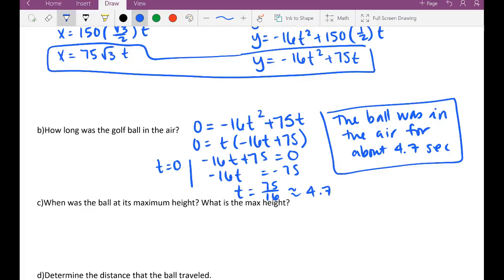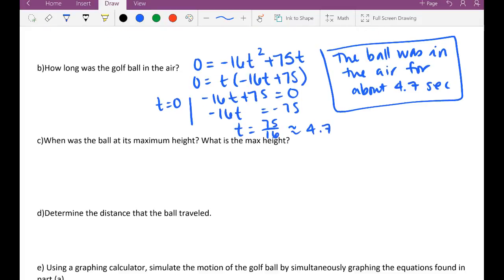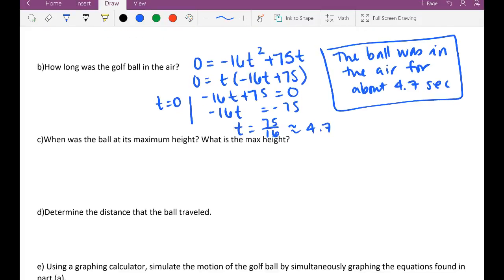Now we are going to complete C. When was the ball at its maximum height? Okay, so when indicates time. So if you know this is going to be a parabola, we can do this two ways. The height is 0 at two different times: at the start, which is 0, or at the end when it lands, which is 4.7.